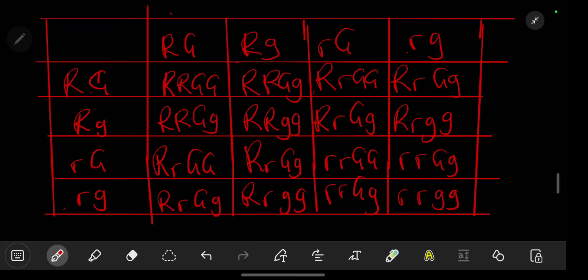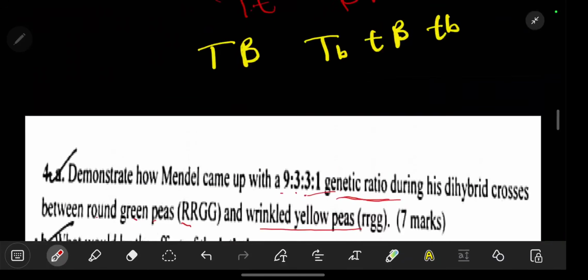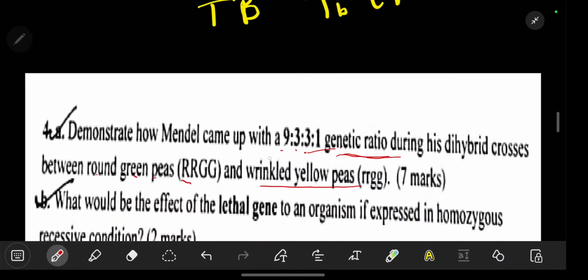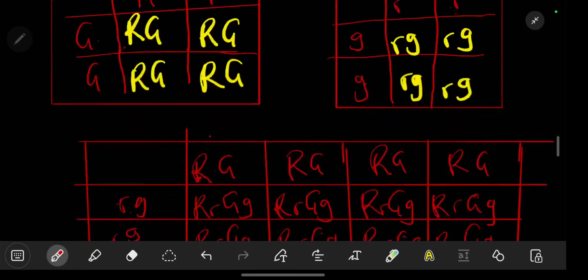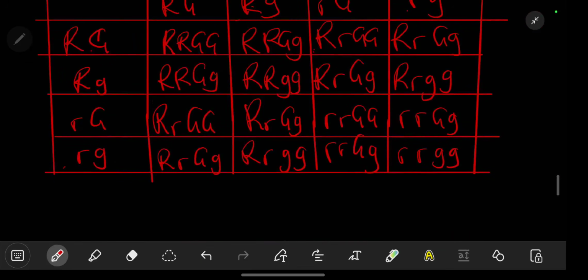Then from here we are going to just pick the names, then put the numbers. So as we can see, we have round, wrinkled, yellow, we have green. So this is what we are going to do.